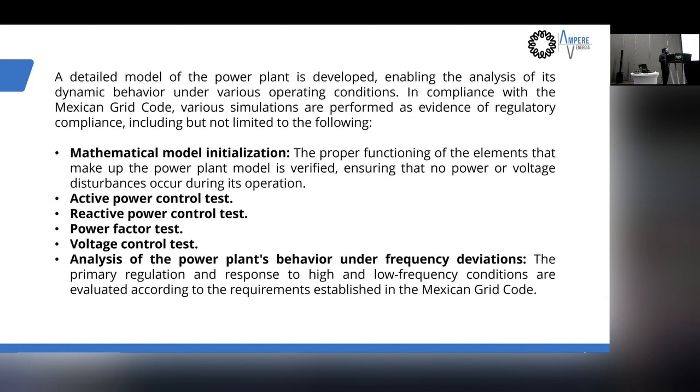Of course, in order to be able to perform these tests, we have to initialize the model with the objective of simulating the behavior of the plant in a steady state, and then we can apply the test. And also we have to analyze the power plant behavior under frequency deviations. I mean, how the power plant will help the system to regulate the high and low frequencies according to the requirements established in the Mexican grid code.